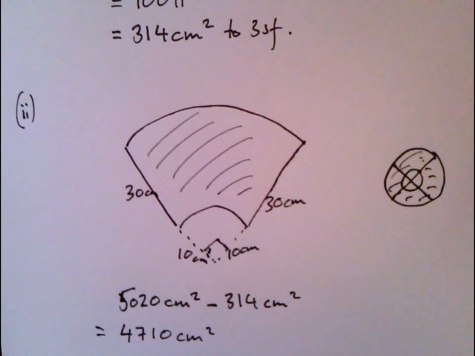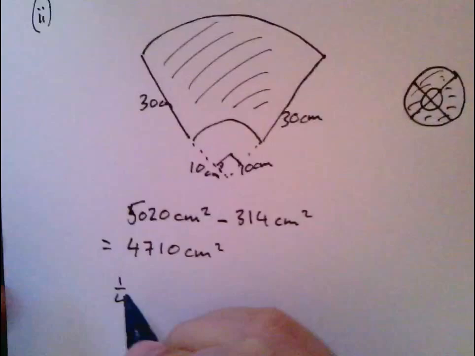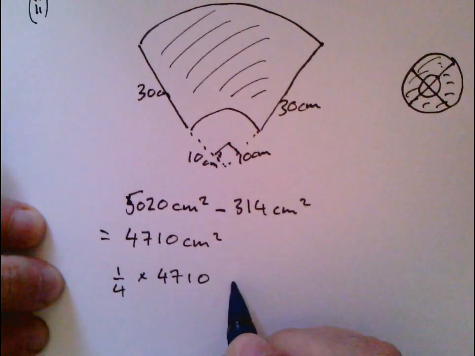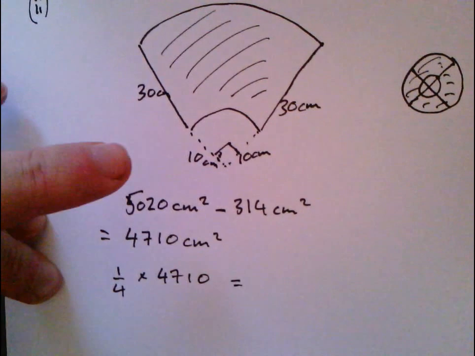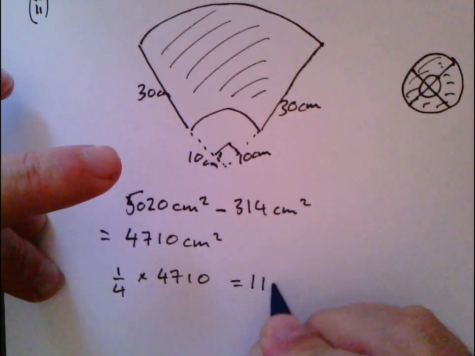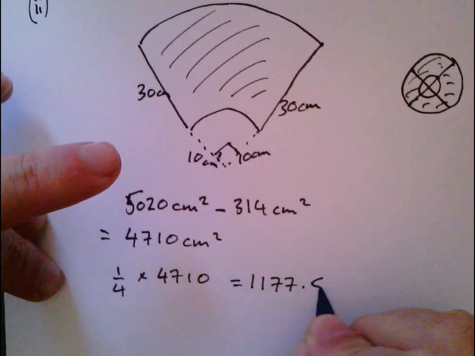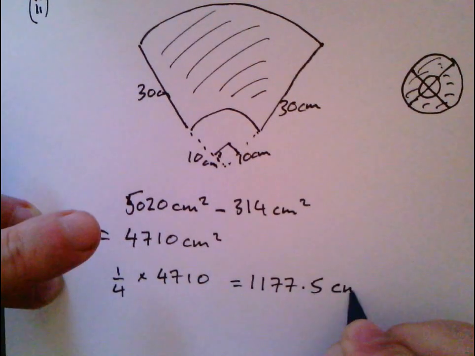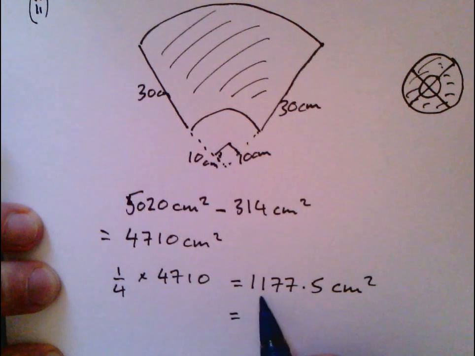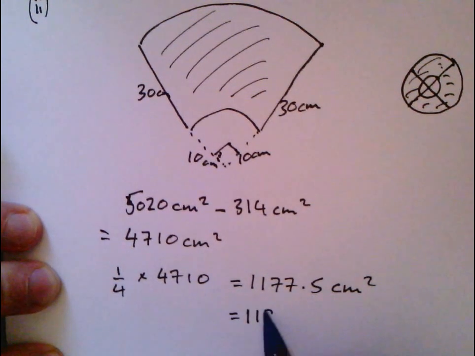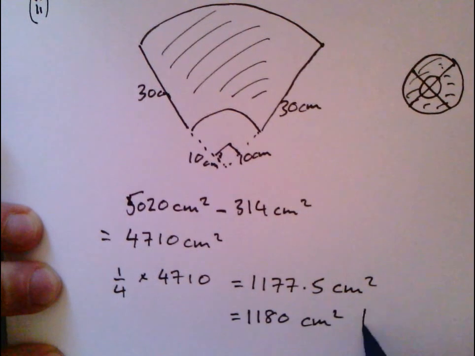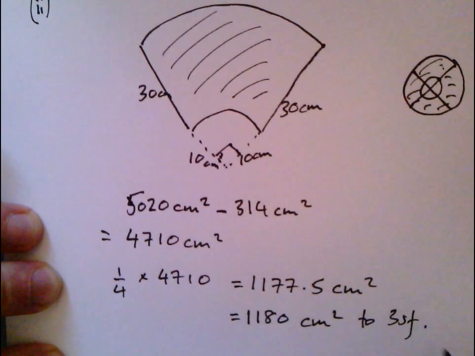So a quarter of 4710 is 1177.5 centimeters squared, and so to 3 significant figures, 1, 2, 3, is 1180 centimeters squared to 3 significant figures.